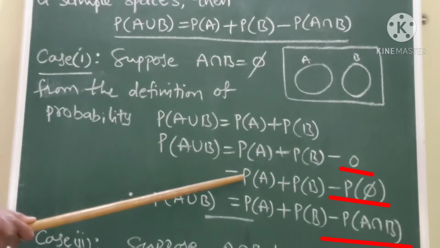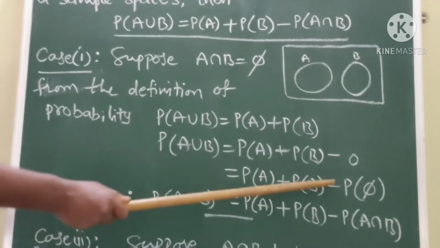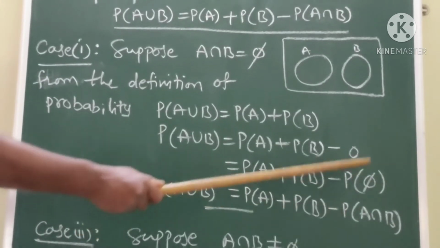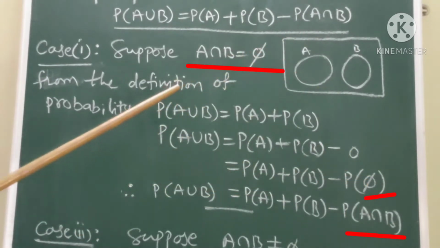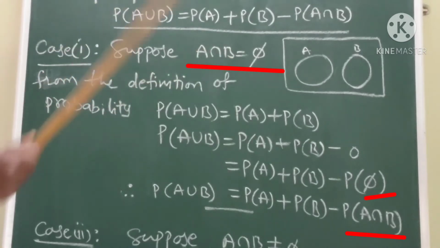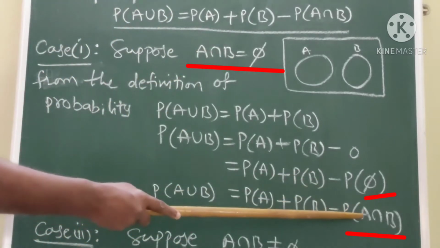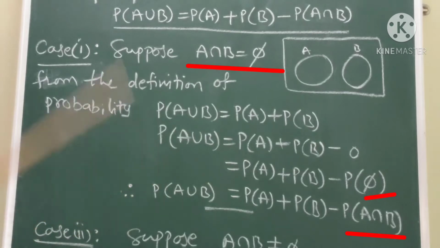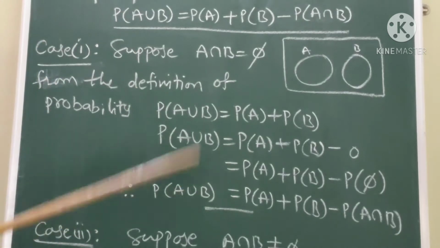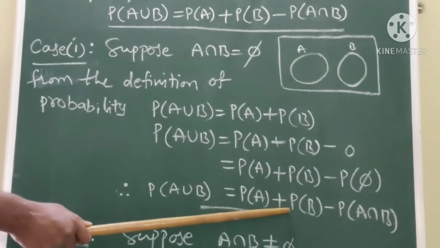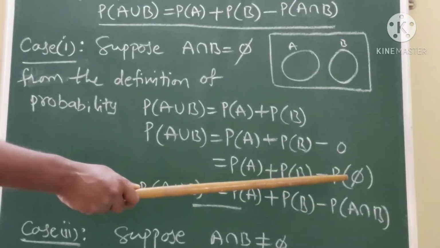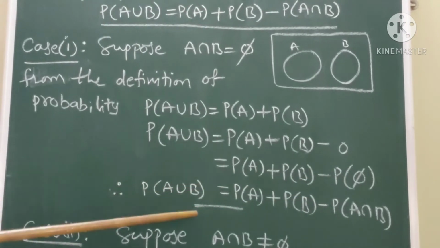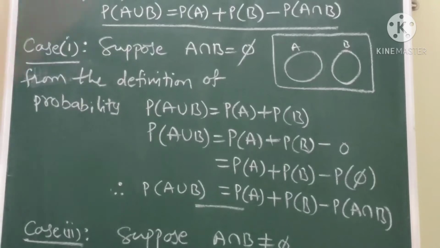That means P of A plus P of B minus P of, in place of null set, we substitute A intersection B. That is P of A intersection B. So we can say that P of A union B is equal to P of A plus P of B minus P of A intersection B. So this is the proof for case 1.